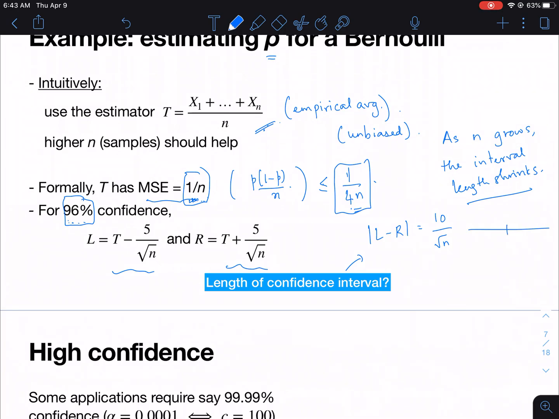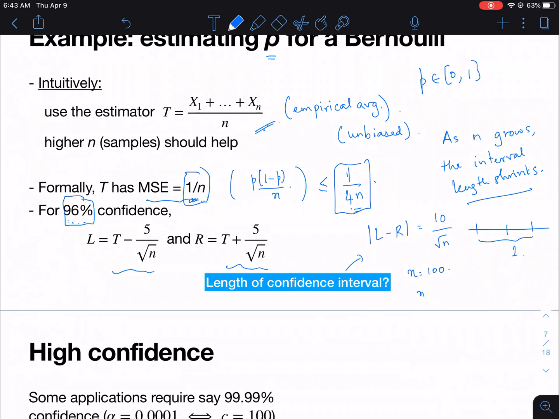If I pick n equals 100, the confidence interval has length 10 by root of 100, which is 1. That interval of length 1 is pretty useless, because I always knew that p lies between 0 and 1. So at least using this bound, I know that this is pretty useless.